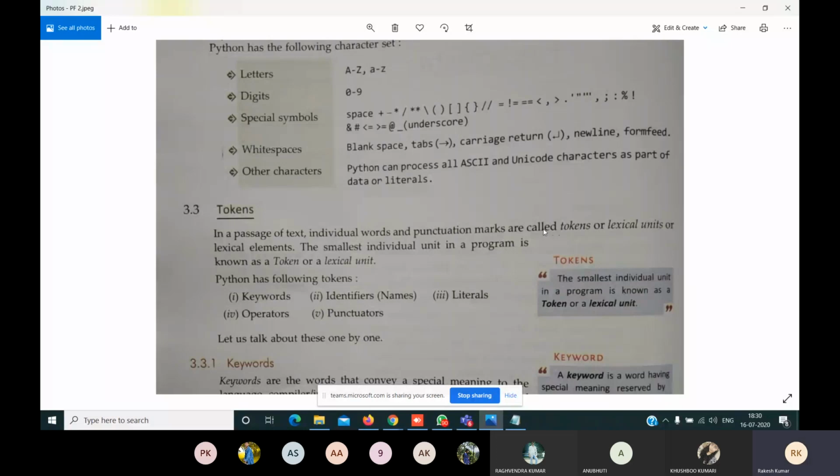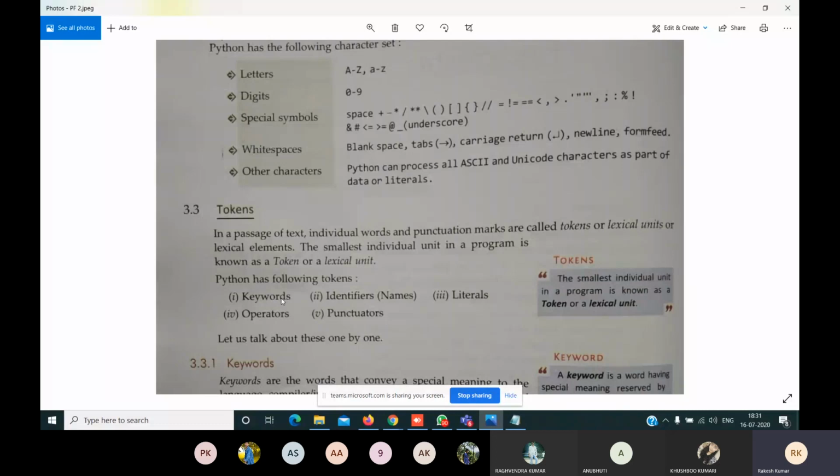So how many types of tokens? When we write the equal sign, when we put the dots, when we put the slash sign, when you write input, output, all are tokens. But which type of tokens? Python has the following tokens.